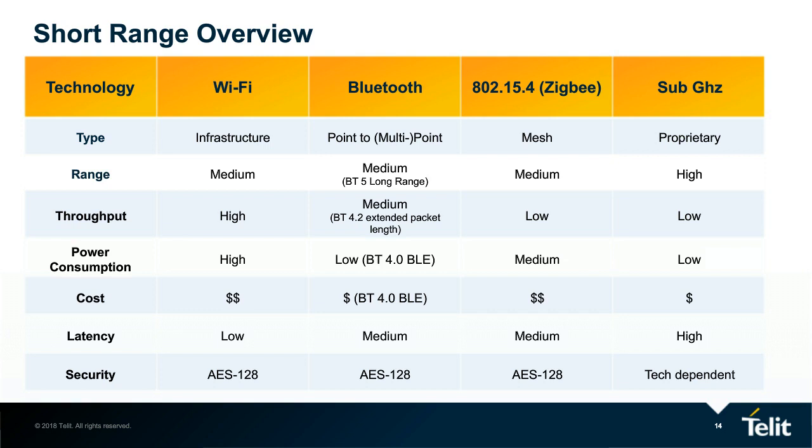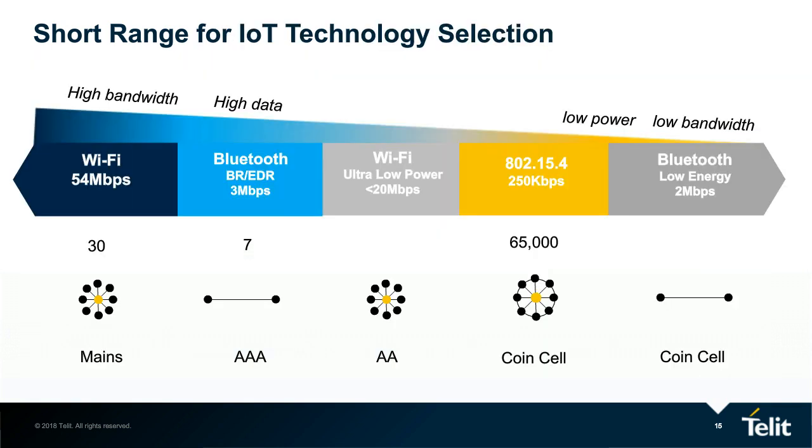But in the end, pictures can also change depending on how you actually use the technology. So, for example, if you use Wi-Fi BGN versus AC versus low power, you have a completely different setup regarding range, regarding power consumption, and regarding throughput. It's quite similar if you use Bluetooth BR/EDR, or if you use Bluetooth Low Energy.